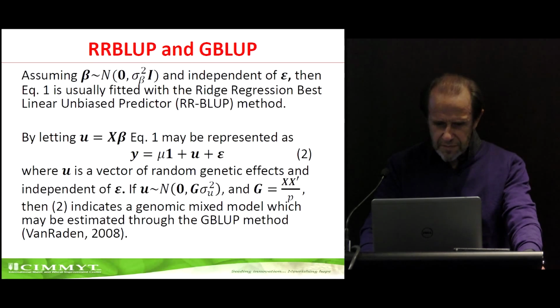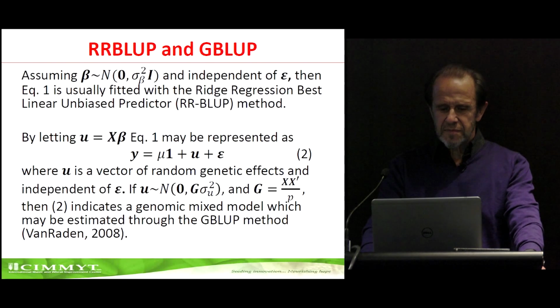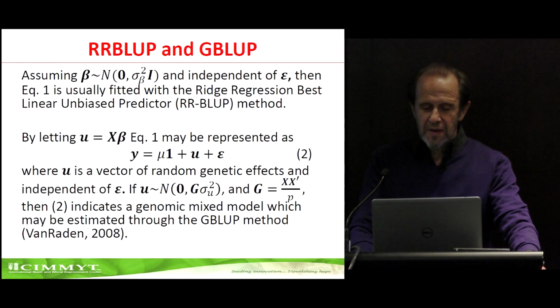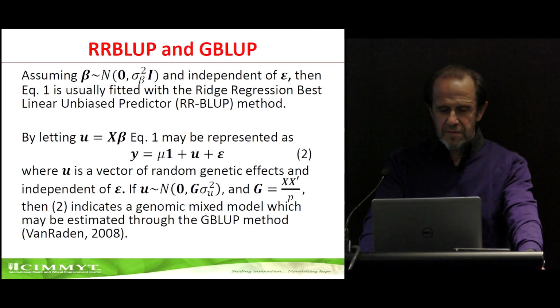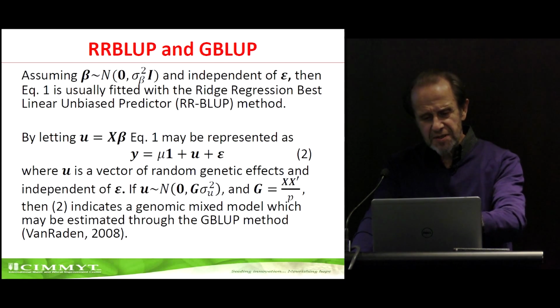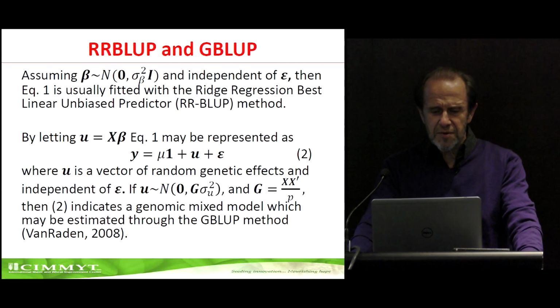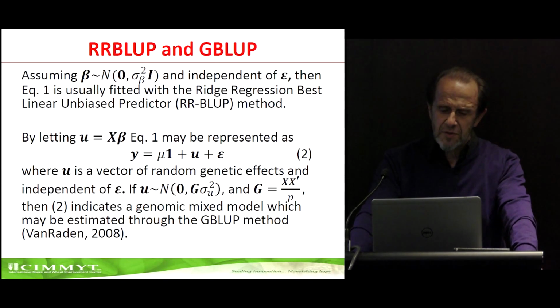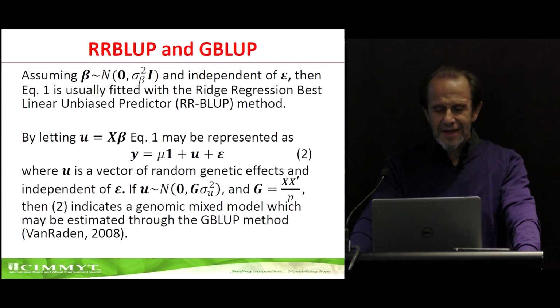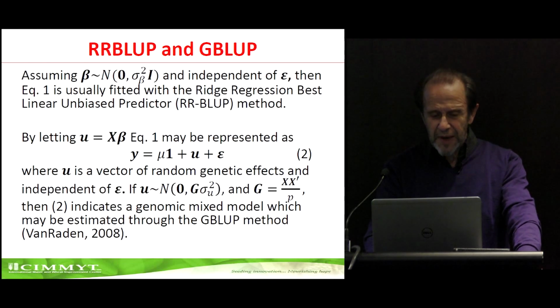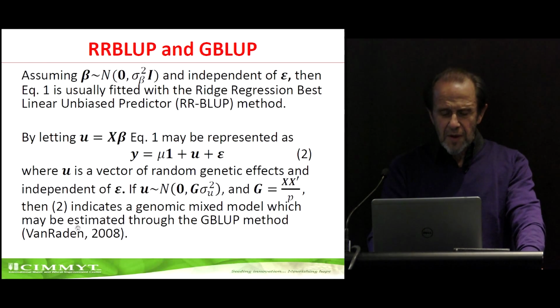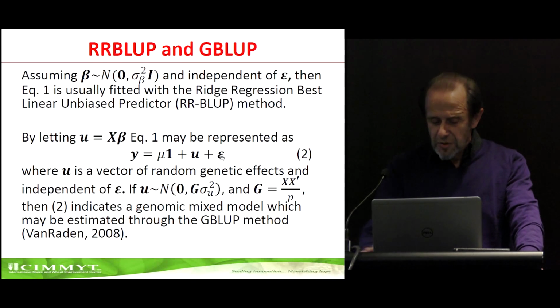Now, if beta is assumed normal with 0 and sigma square b, this is the R-BLUP. If we make this transformation and we call u equal to X beta, then equation 1 is represented by this other equation, where you have u here.